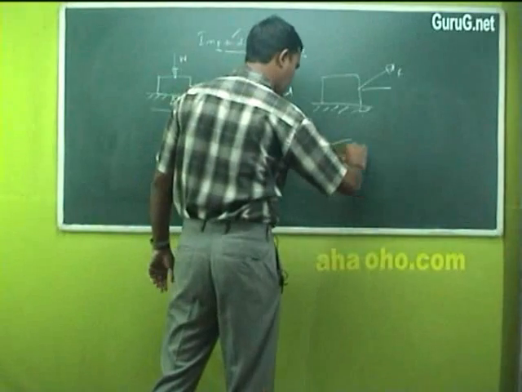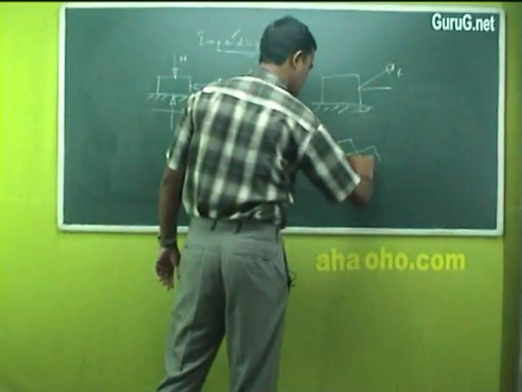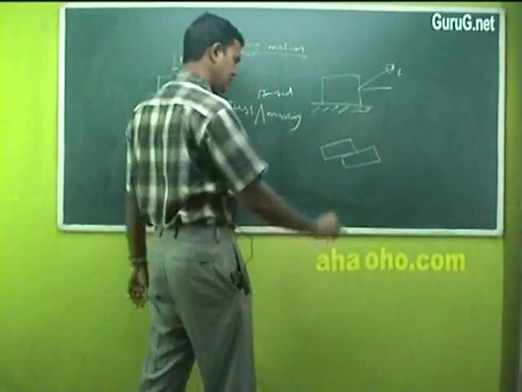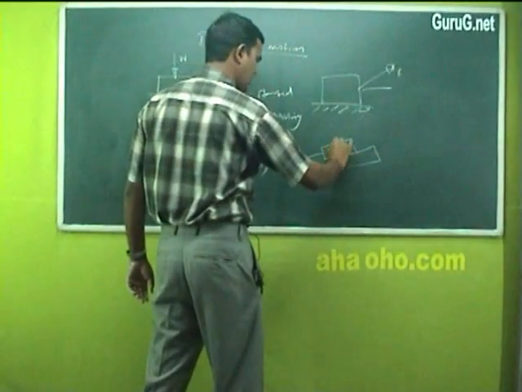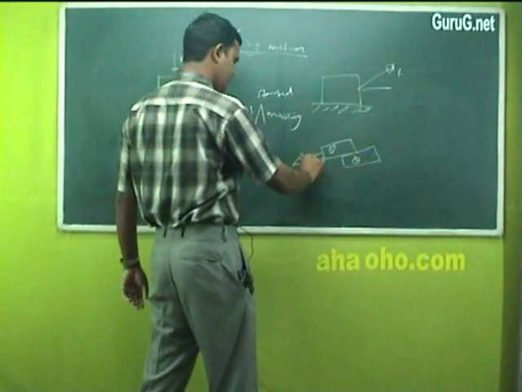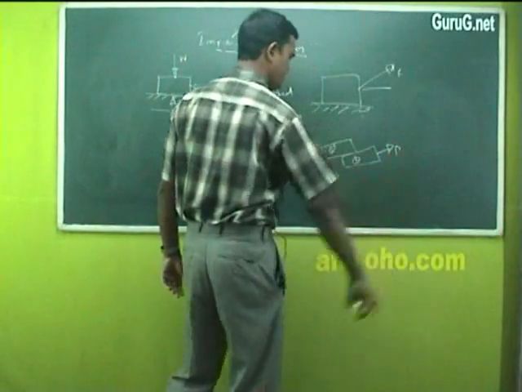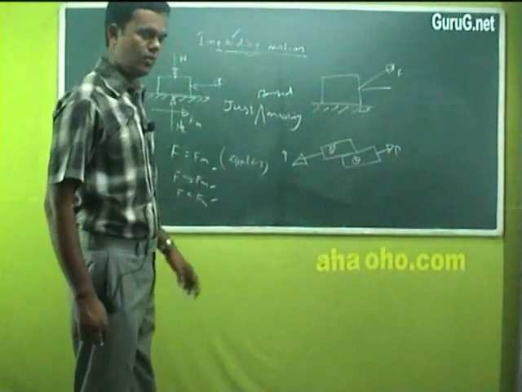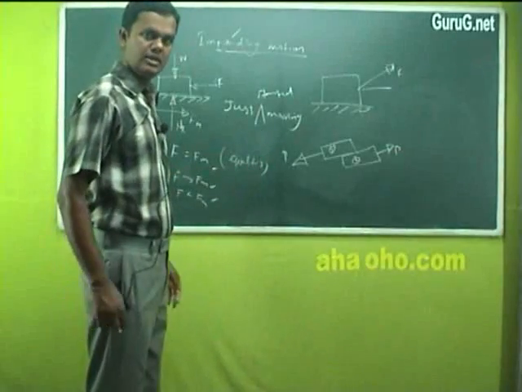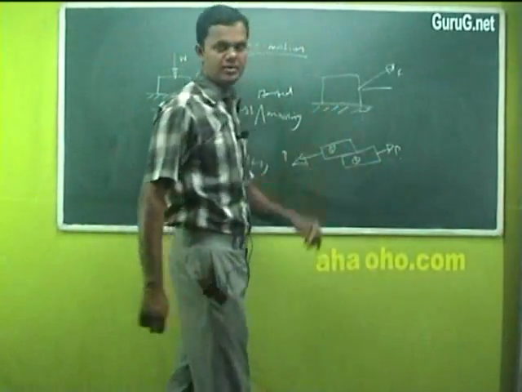Suppose the body itself is kept on an inclined plane, in the sense with some angle, which means there are two bodies, this is body 1, this is body 2. Now I am applying force here in this fashion, and this will be in this fashion. What are the possible normal reactions, the self weight of the body or whatever it is?